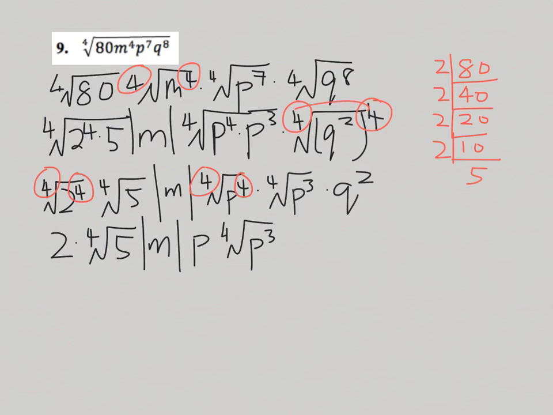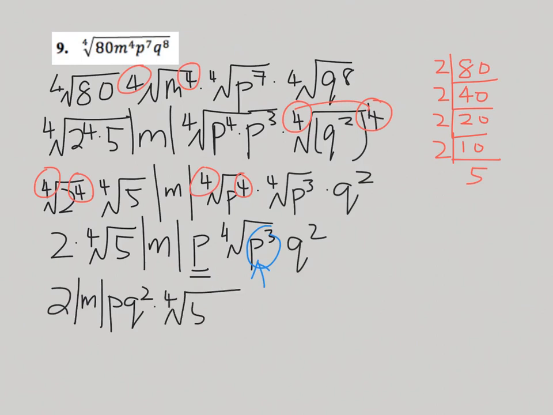We don't have to put the absolute value sign around the p in this case because in order for p cubed to exist as a real solution, it has to be a positive value. And for q squared, it will remain as q squared. And now we will put the radical terms together and non-radical terms together. So in this case, it would be 2 times the absolute value of m times p times q squared times the fourth root of 5pq.